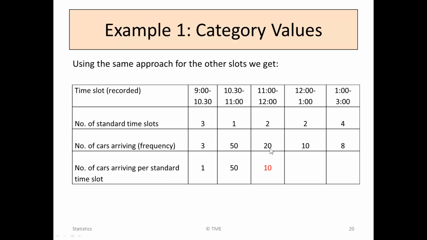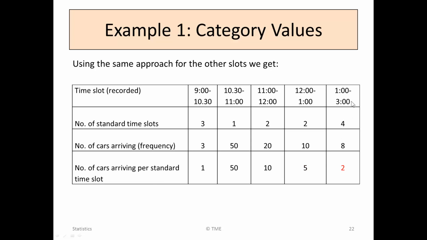Between 11 and 12, 20 cars arrived, but there are 2 standard time slots. So 20 divided by 2 is 10 per half hour. And similarly, from 12 to 1, 10 cars arrived in the 2 half hours, or 5 per half hour.